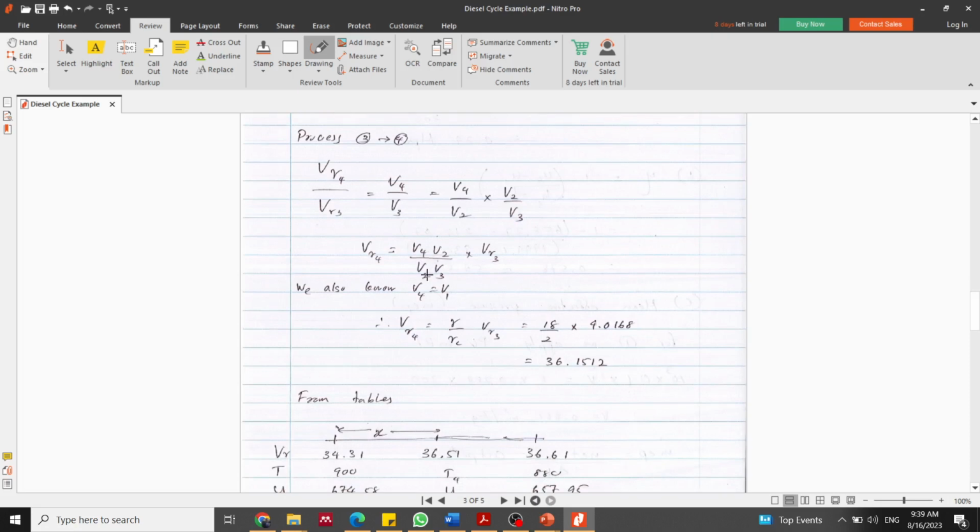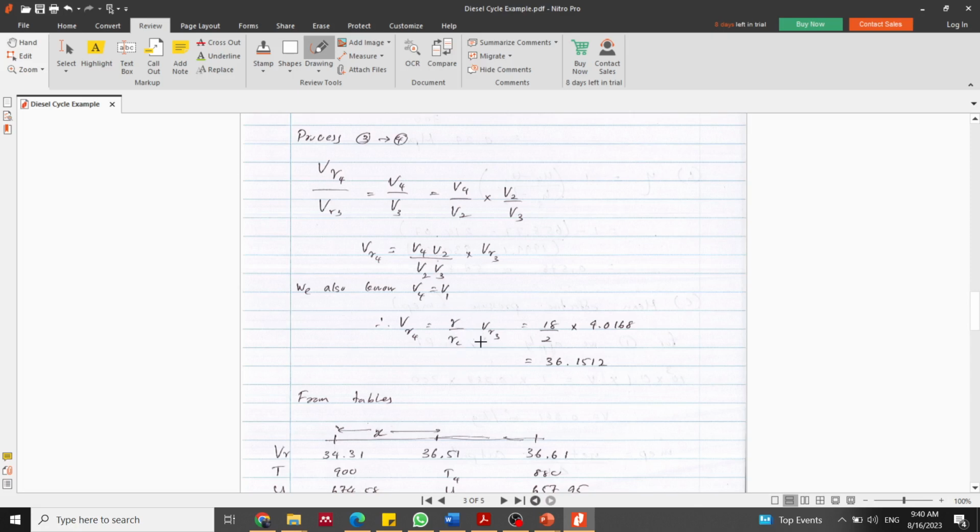Then we can also note that V4 equals V1, the same volume, that means the volume at the bottom dead center. Therefore we can formulate R over RC, so V1 over V2 becomes R, and V2 over V3 becomes 1 over RC.